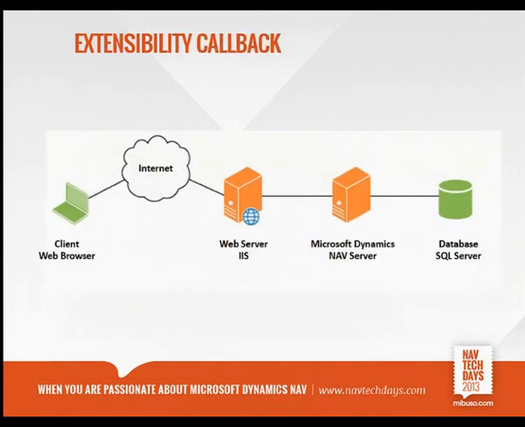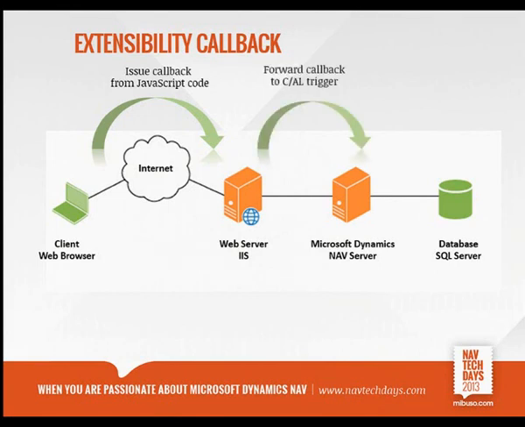How does that work? From your JavaScript code, you will issue a callback to the web server, and the web server will forward this to the Dynamics NAV server, which will execute the associated trigger. So that's when, from my add-in, I want to click on something or do something, and I can execute C/IL code on the server, like some business logic or something.